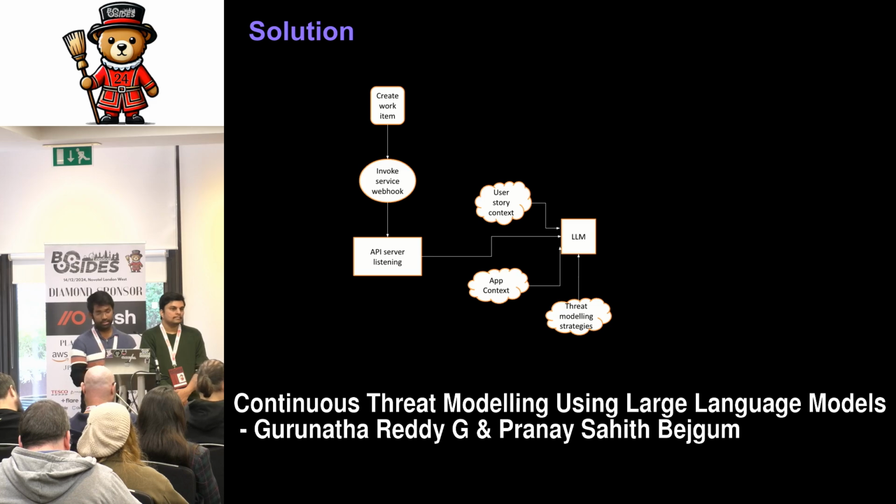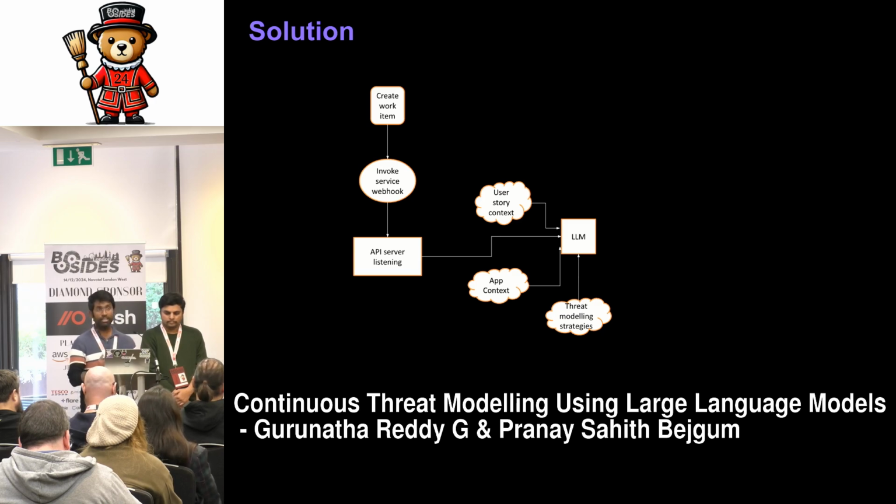Along with that, the LLM works best when we ask for what we need out of it. So we can give the threat modeling strategies that we need from the LLM, since there are a variety of threat modeling strategies. Sometimes user stories may contain existing threat modeling output, so previously identified threats can be present on the user story.